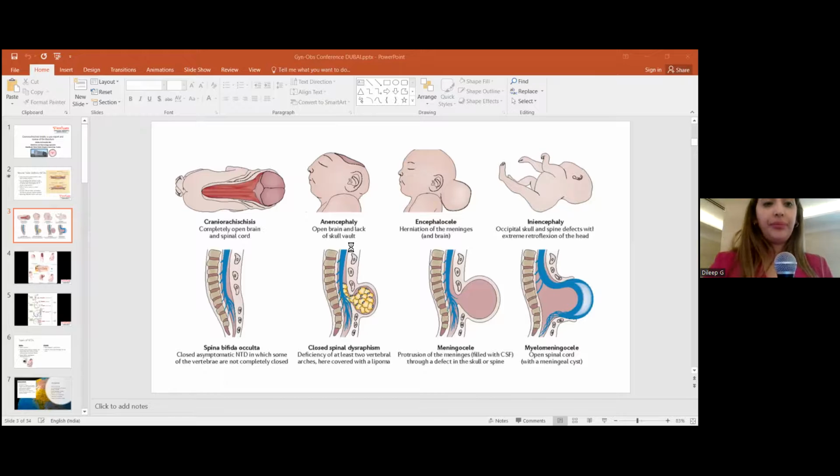The data shows it decreases the neural tube defect incidence, and the recurrence risk also decreases. We also recommend folic acid together with vitamin B12 because of this mechanism. We know that they affect the mechanism together, so we recommend the supplements together.